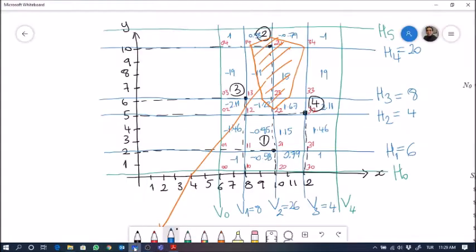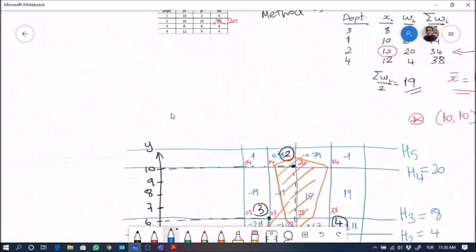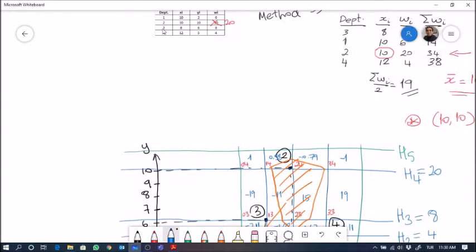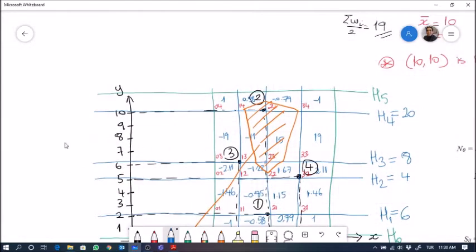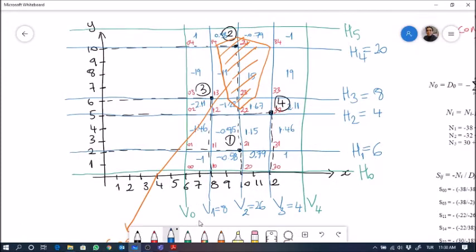So when we go to our Cartesian coordinate, we know that department number 3 is lying on V1. The weight for department number 3 is 8. So the value for V1 will be 8.